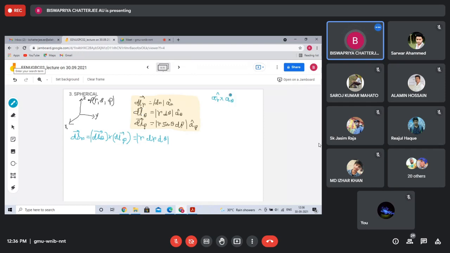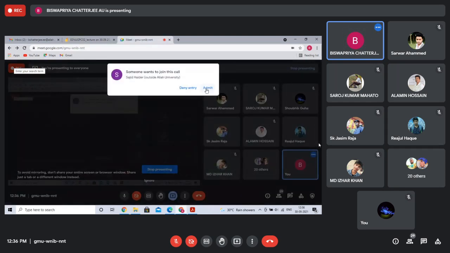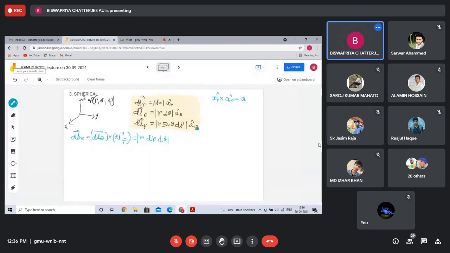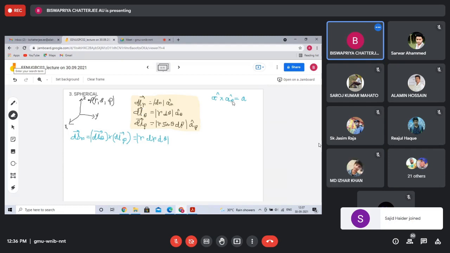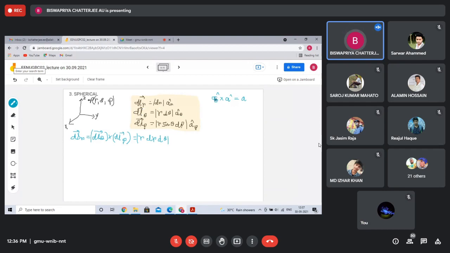As per right-handed system, sorry, it must be a theta cross a phi, must be a r cap. So a theta cross a phi should be a r cap.